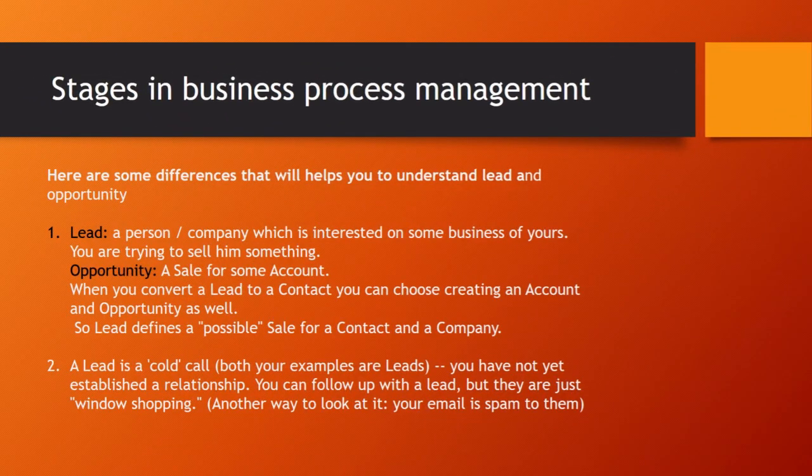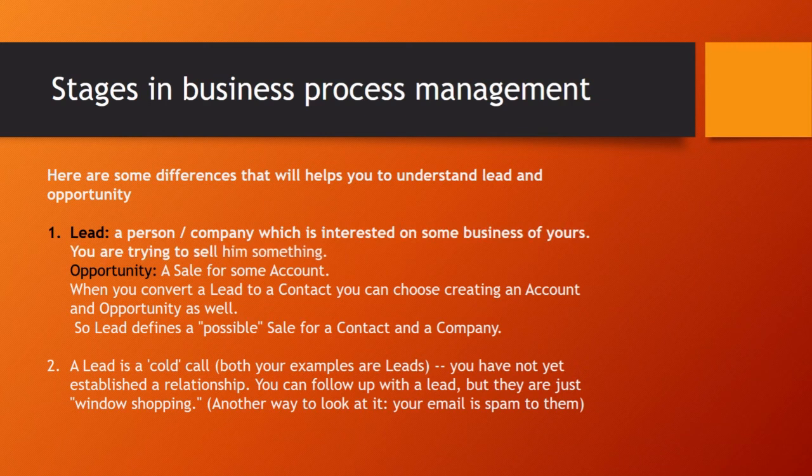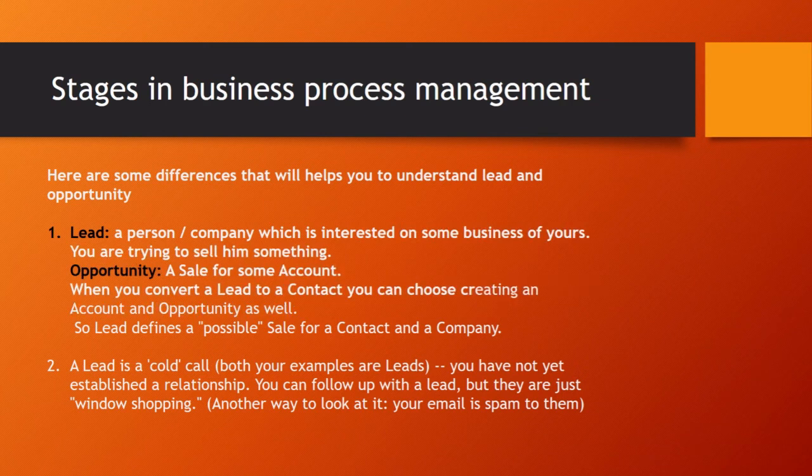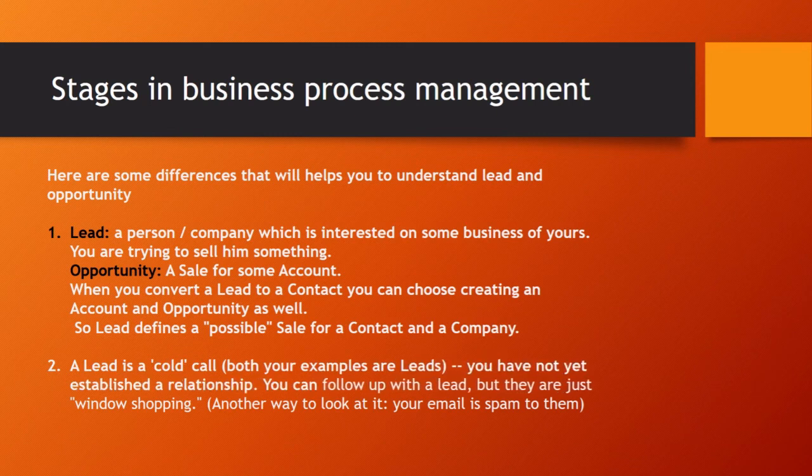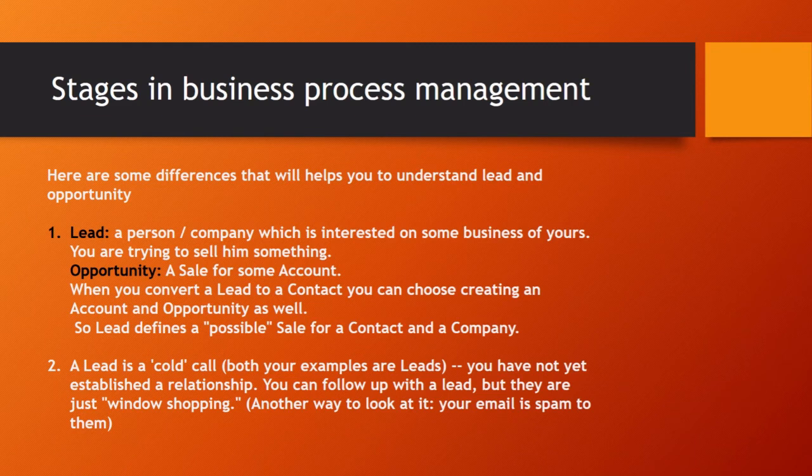Now, we are going to see the stages in business process management. Here are some differences that will help you to understand lead and opportunity. Lead, a person or company which is interested on some business of yours. You are trying to sell him something. Opportunity, a sale for some account.